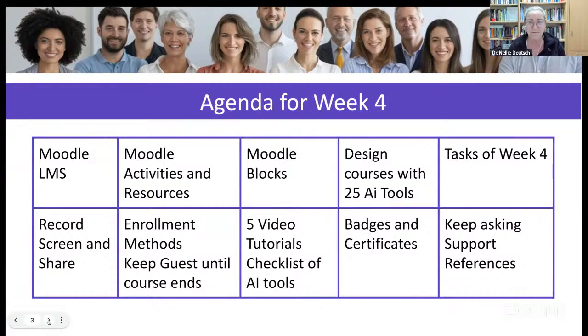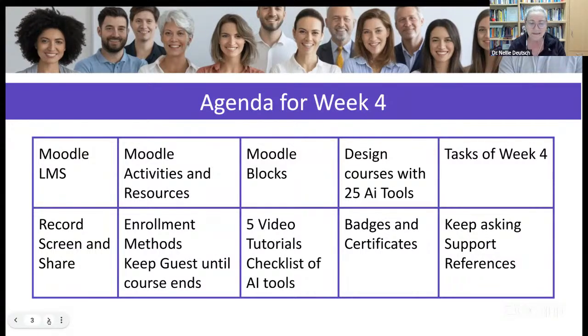So the agenda for today: we're going to look at some previous information on the Moodle Learning Management System, Moodle activities and resources. I'll be mentioning some things there. Moodle blocks, I'll also mention things. Design courses with 25 AI tools and how to go about it if you haven't started that yet. Tasks of week 4: record, screen, and share. There's some news on that.